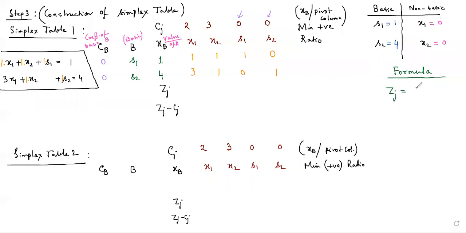We will consider the transpose of this CB and we'll multiply that by the respective column xj. What do we mean by this? Look at the CB. CB is a kind of matrix. It is a column 0, 0. Column wise it is written.